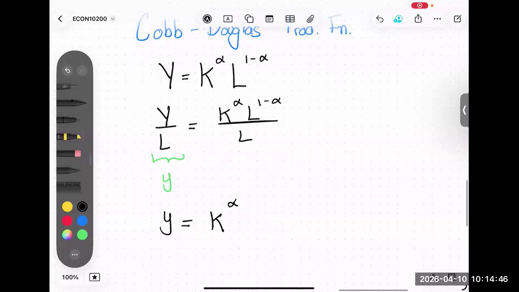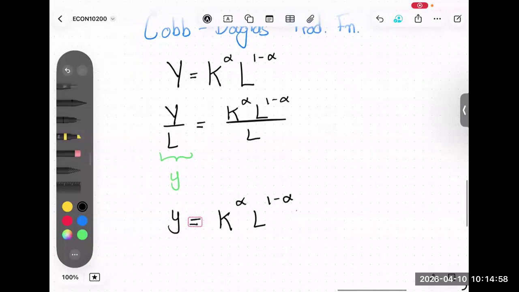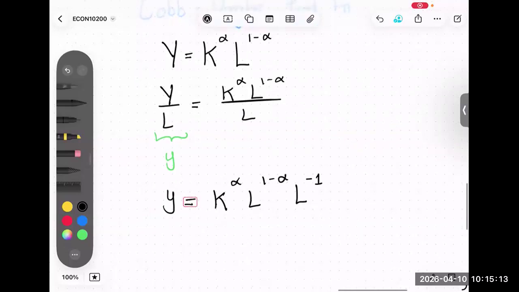It's equal to capital stock times labor, both raised to the respective powers, times the element that we had in the denominator, but with the exponent with negative sign. The left-hand side is GDP per capita. That's how we're going to interpret it.